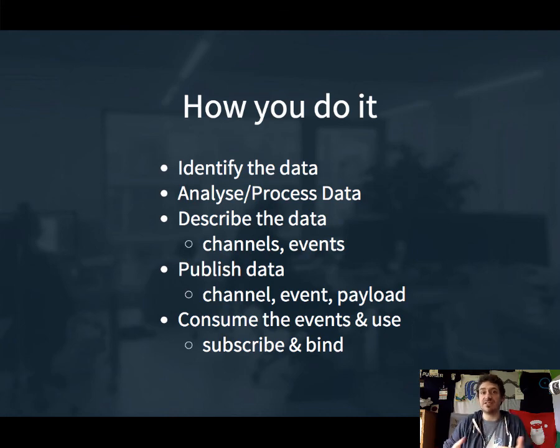We want to publish on channels. The event identifies what's happened to the data, and the payload is the event data itself. And we need to consume it in the same way. So we subscribe to channels, we bind to events, and we use that data payload to update our UI or react within the application in the way that we want.